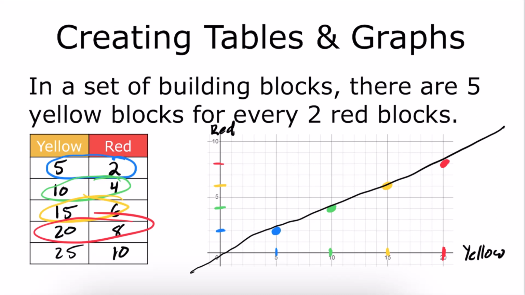So, for example, I might say, okay, what if I had like 12 yellow blocks? Well, if I had drawn this line perfectly, whatever this corresponds to would tell me how many red blocks. Now, in this case, this isn't the best example because, for one thing, I didn't draw my line straight. But also, the number of red blocks would be a fractional number.